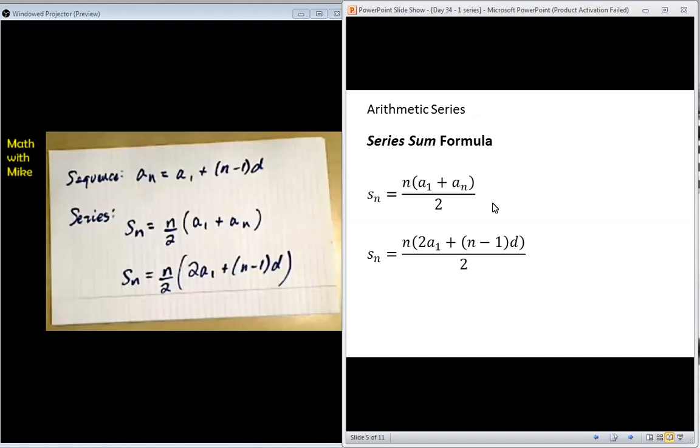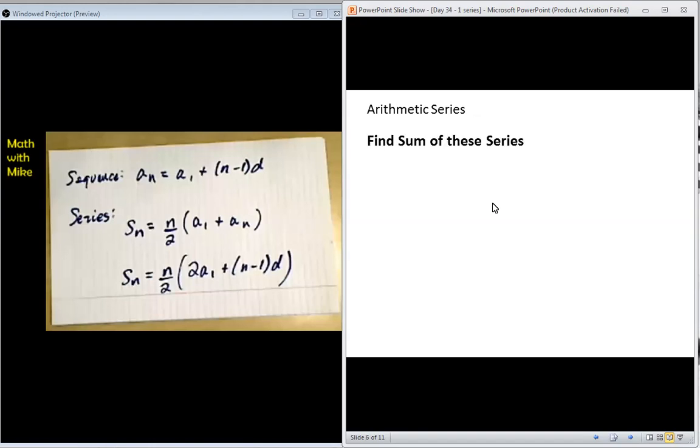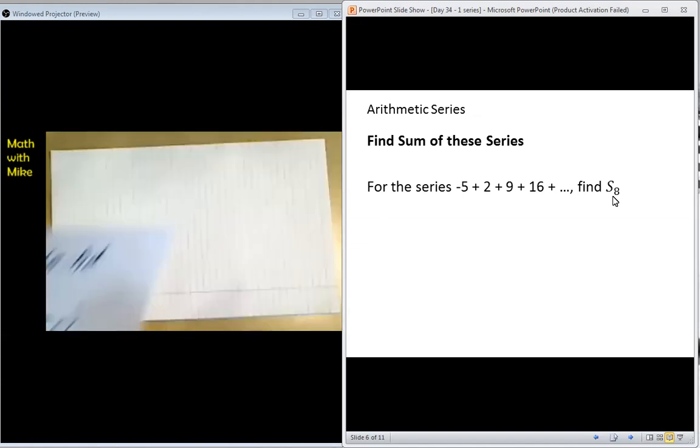So we're just going to practice a couple of these. Okay. So here's a first example. Now notice the symbol there. I think it's new for you, but you should be able to figure out what it means from what we've done before.